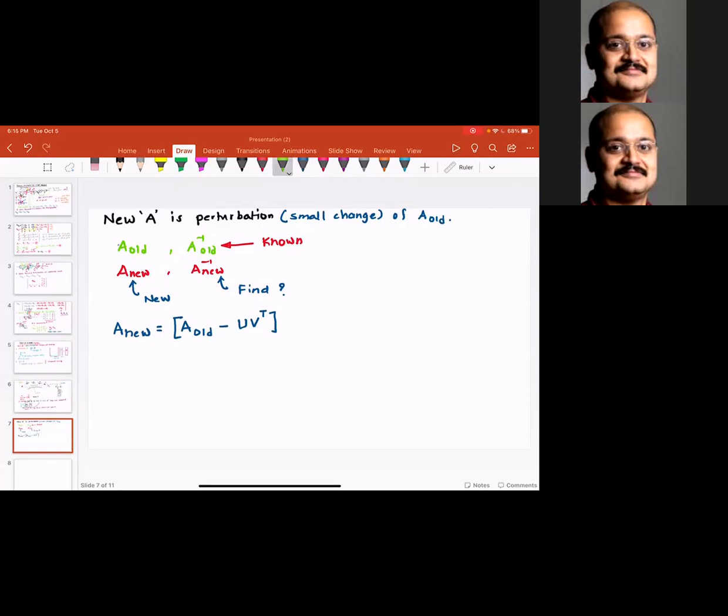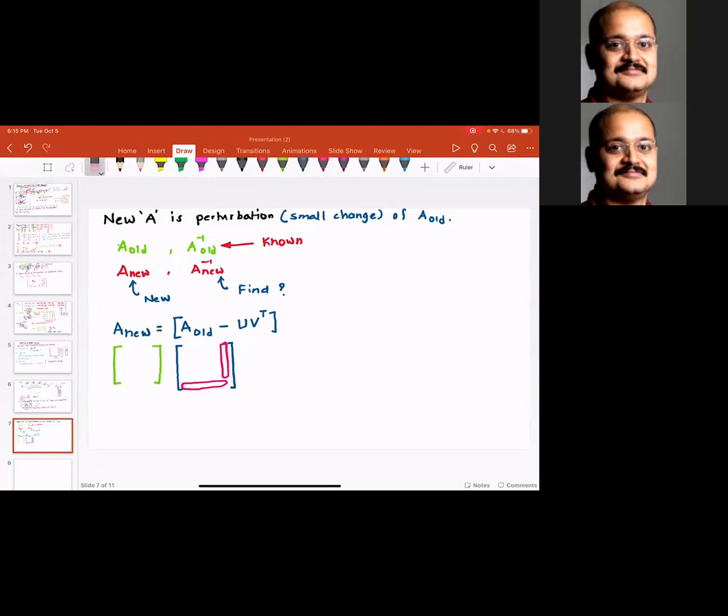So what this means is, you have this A matrix, and this is basically the additional row and additional column. So that's what happened. Now you have a new matrix.